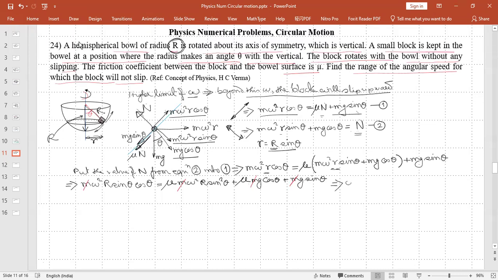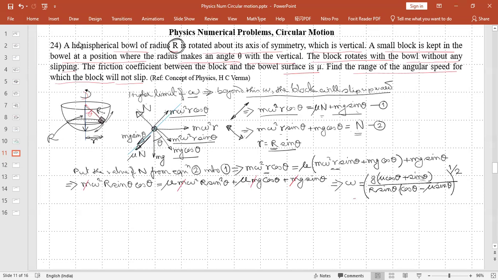you'll find omega will be equal to mu cos theta plus sin theta, whole thing divided by capital R sin theta, and this multiplied by cos theta minus mu sin theta, and this whole fraction to the power half.